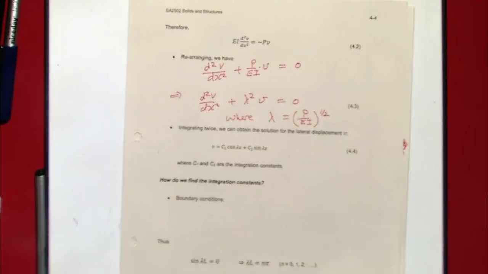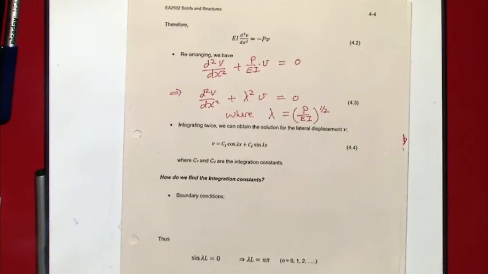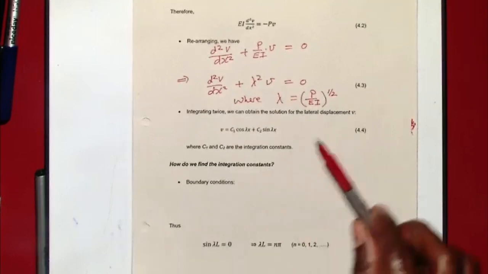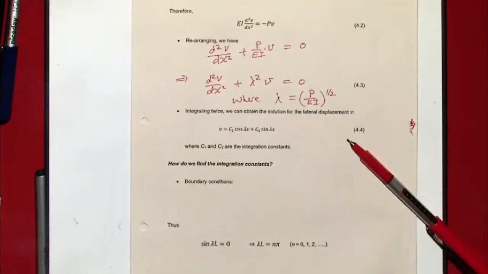Now I want to solve equation 4.3, a second order differential equation in V, which we can integrate and solve. If we try to do the solution, we're going to end up with something like 4.4. I'm not going to go through that.